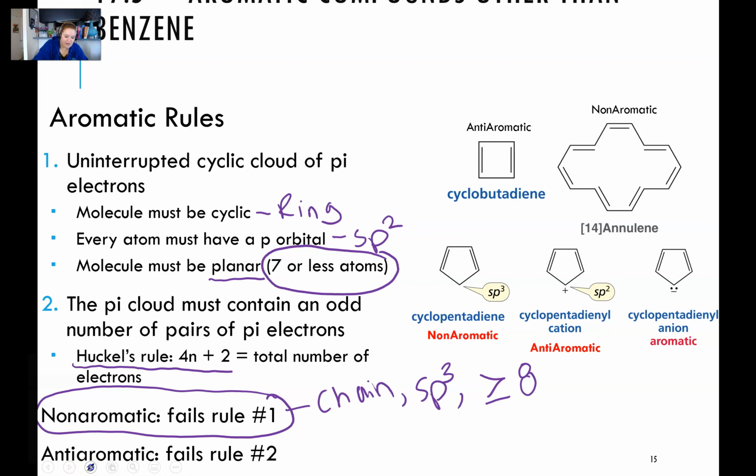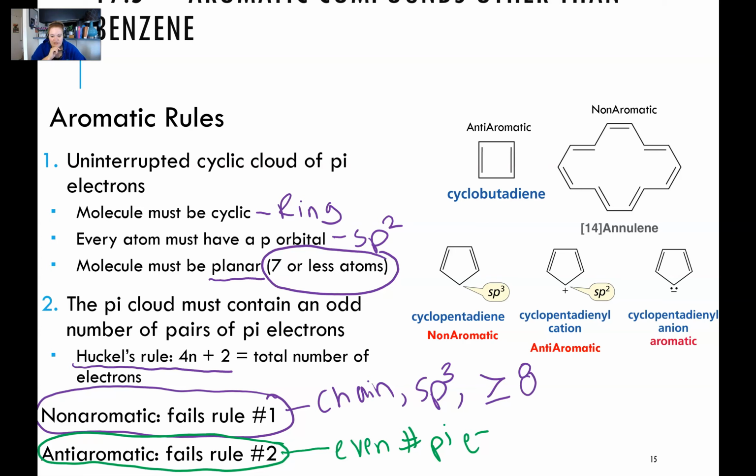If our molecule fails rule number 2, we're going to label it as anti-aromatic. That means it has to pass rule number 1. Rule number 2, though, means that it's going to have an even number of pi electrons. And if it passes both rules, then we can label it as aromatic.